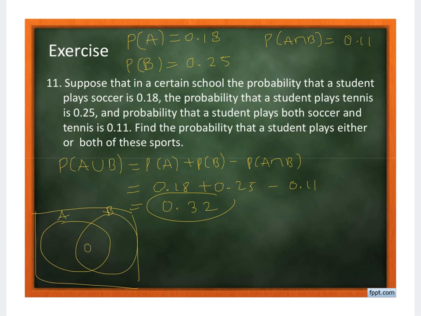This one 0.18 minus 0.11 is 0.07. 0.25 minus 0.11 is 0.14.